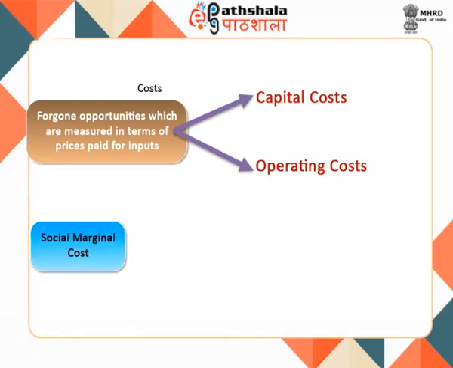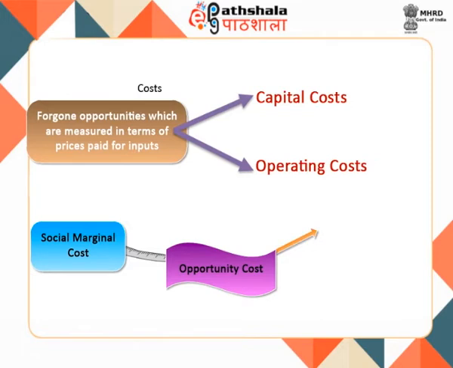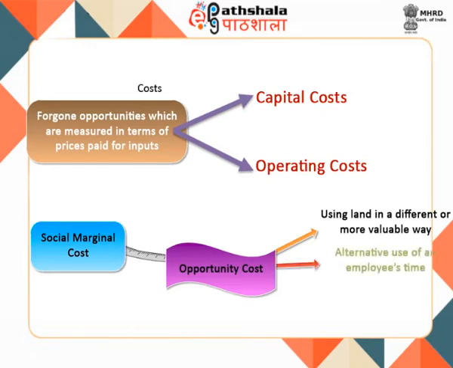Social marginal cost of a resource is measured in terms of opportunity cost of that resource, that is, the value of that resource in its next best use. Examples of opportunities include using land in a different or more valuable way than its current use, the alternative use of an employee's time, and investing in a public transport system instead of building additional roads.